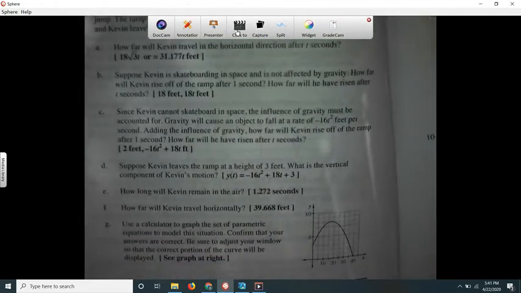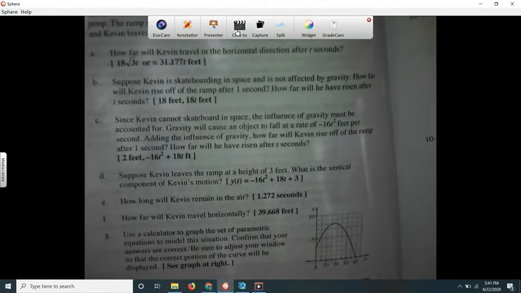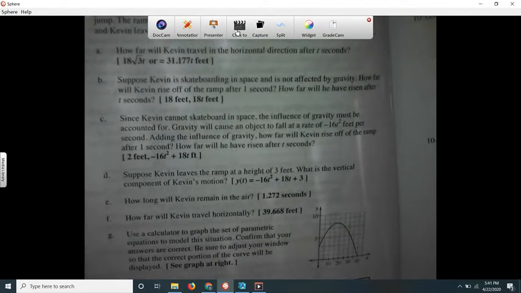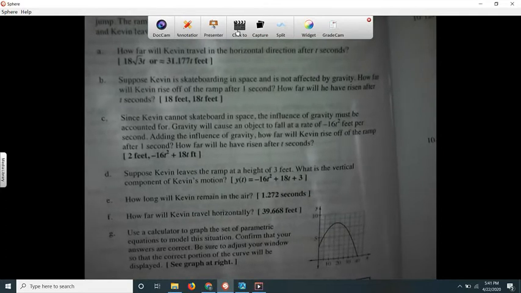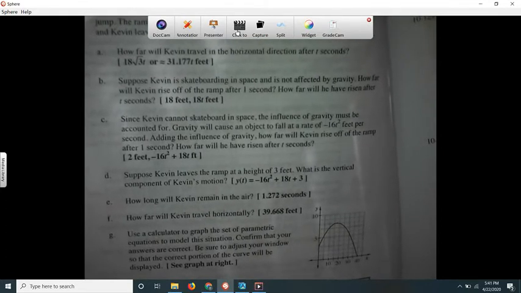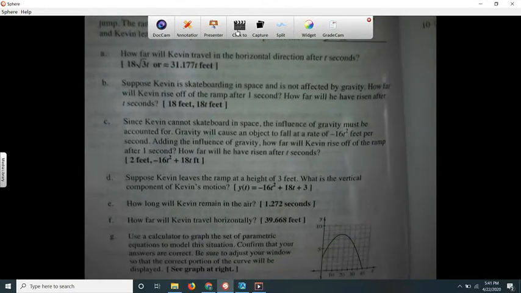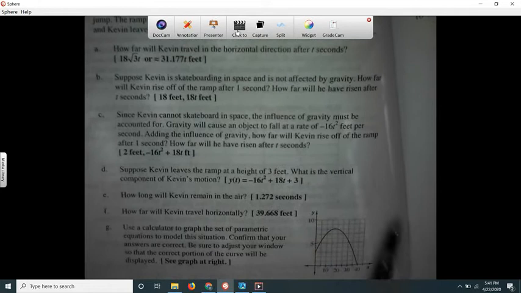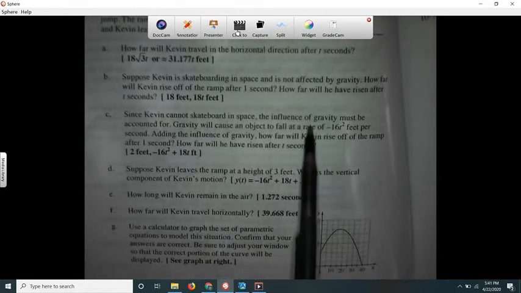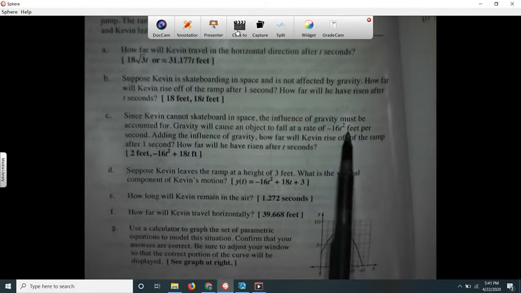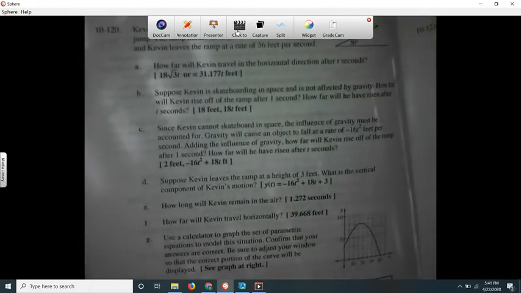And then letter C says, since Kevin cannot skateboard in space, the influence of gravity must be accounted for. Gravity will cause an object to fall at a rate of negative 16 t squared feet per second. Adding the influence of gravity, how far will Kevin rise off the ramp after 1 second? How far will he have risen after t seconds? So they just want us to add the influence of gravity, which is negative 16 t squared feet per second.